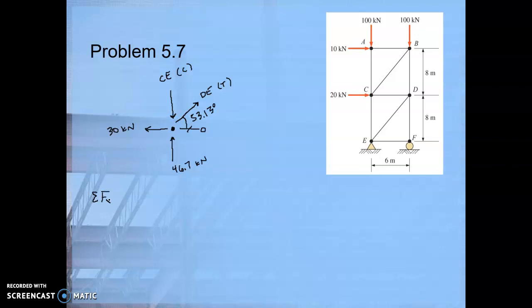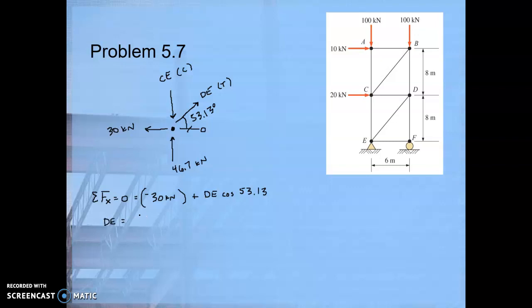So the sum of forces in the x direction will equal 0, and those forces include the negative 30 kilonewton load, the reaction force at E in the negative direction to the left, plus DE times cosine, because we're talking horizontal, cosine of 53.13 degrees.